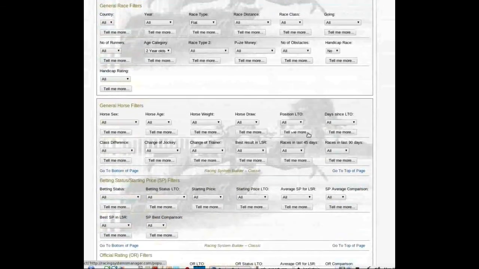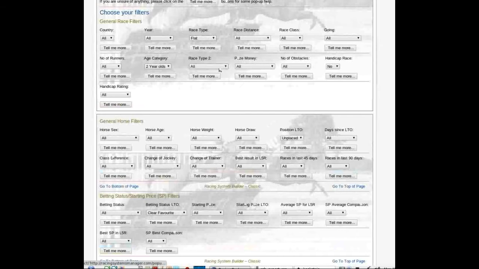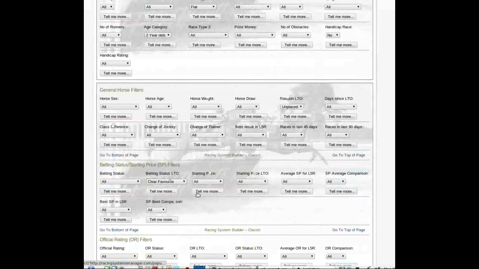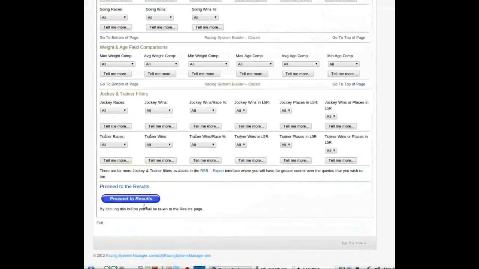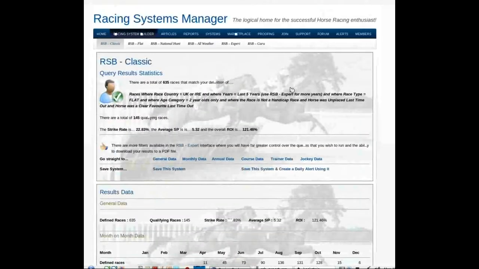And what I'm interested in is not just horses that got beaten, but horses that are actually unplaced when they were clear favourites last time out. So the system is basically flat races, not handicapped certainly, only for 2-year-olds, only where the horse was unplaced last time out even though it was a clear favourite. And I'm going to run this and see what comes out.